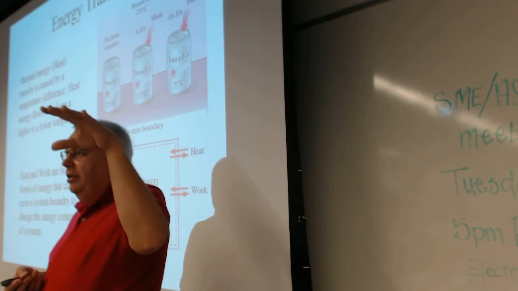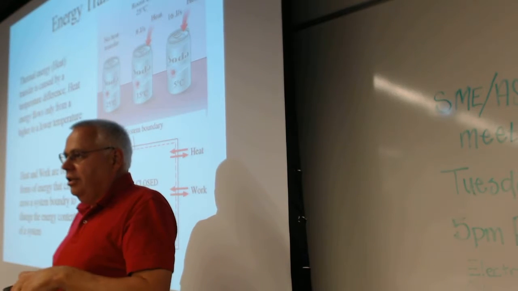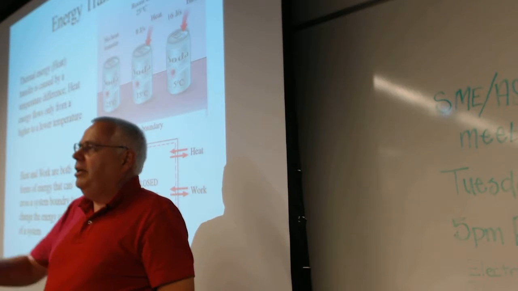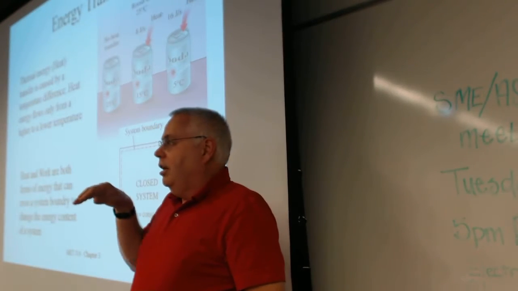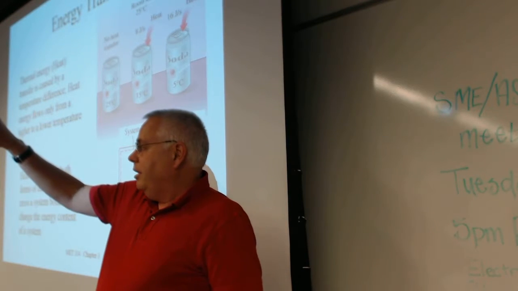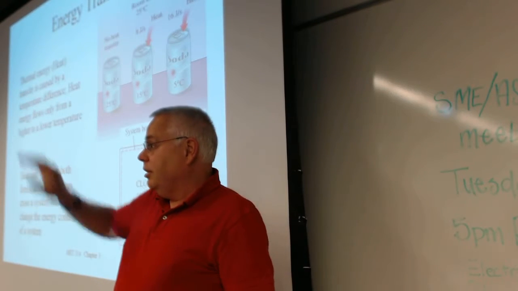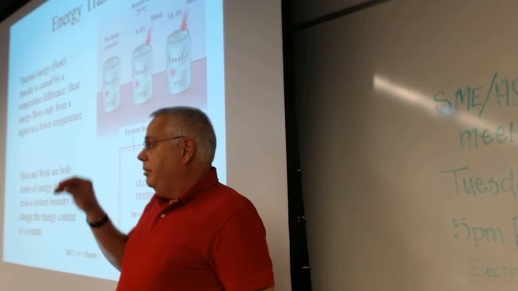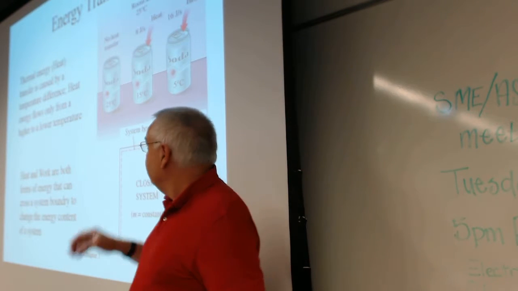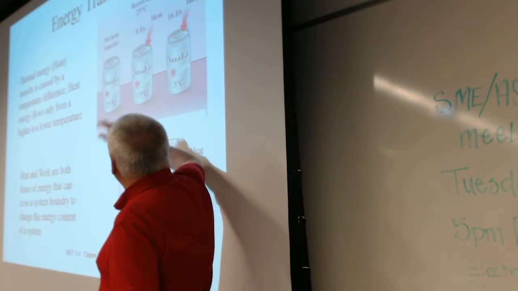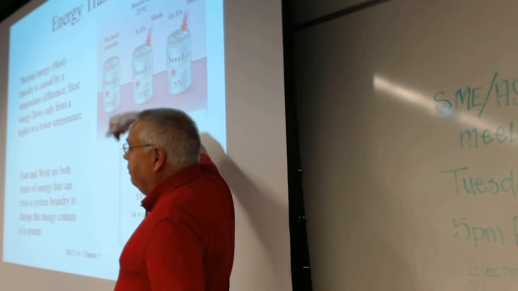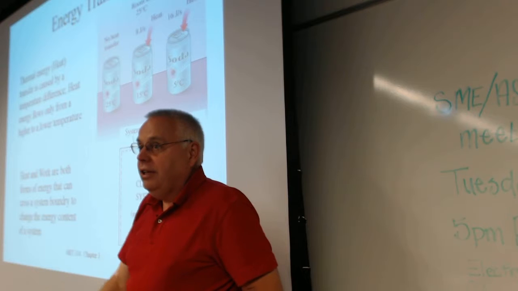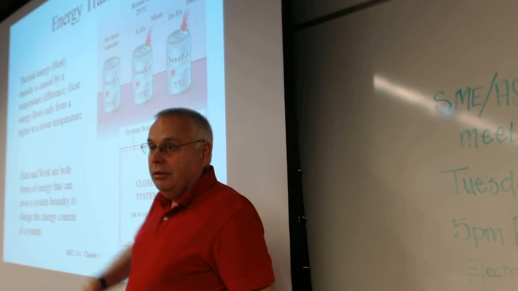It goes from a high source to a lower source, just like everything else. Your car isn't going to automatically roll up a hill, and energy doesn't automatically go from a lower temperature to a higher temperature. You can force it to go, just like you can push your car up the hill, but by itself, it wants to go downhill. So it's always going to go from a high temperature to a low. And if there's more temperature difference, that will happen faster, just like your car goes down the hill faster if the hill's steeper.